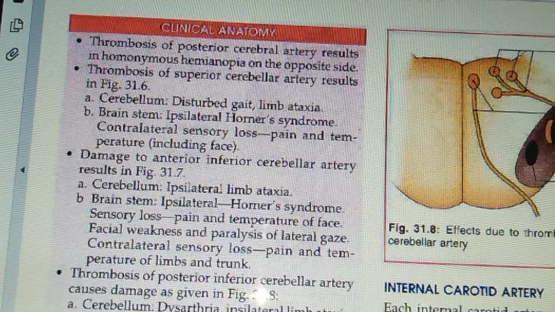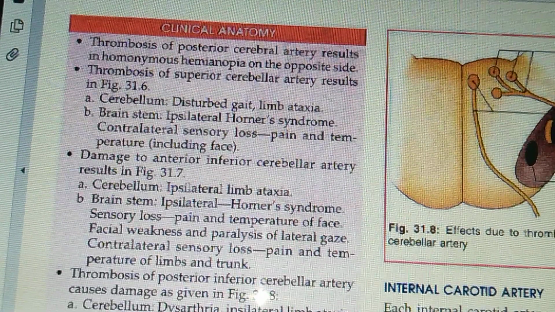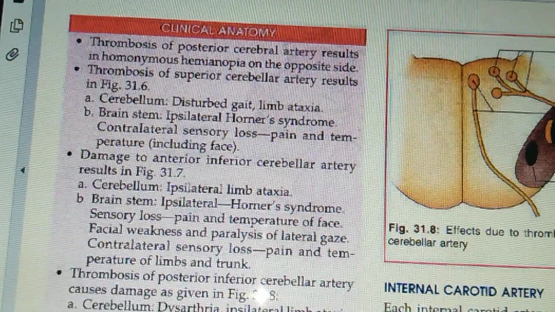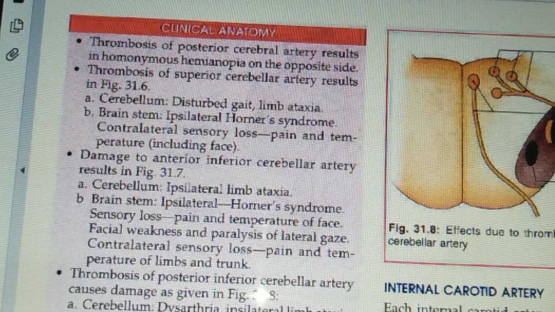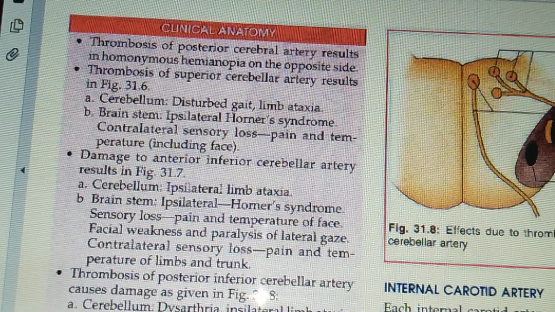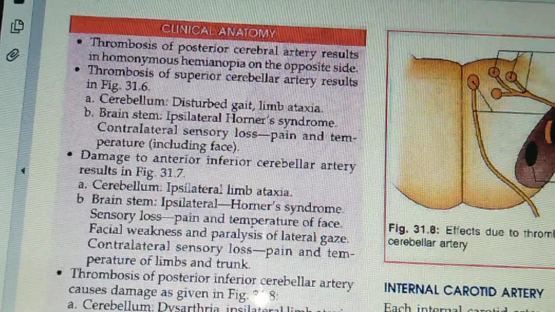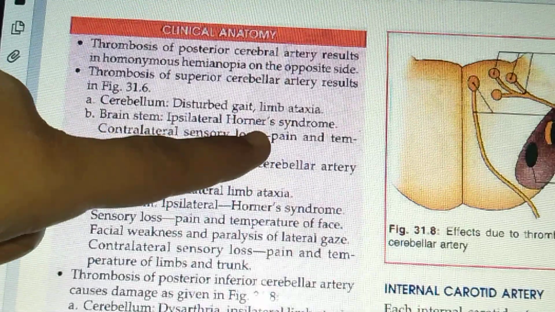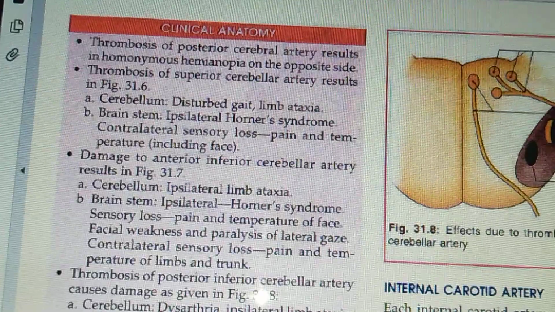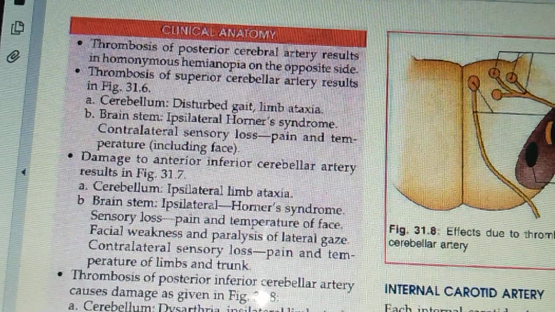It is a combination of the signs and symptoms that is caused by the disruption of a nerve pathway from the brain to the face and eye on one side of the body. Typically, Horner's syndrome results in decreased pupil size, a drooping eyelid, and decreased sweating on the affected side of the face. Then contralateral sensory loss, pain and temperature, including the face. Okay, that is the damage to the brainstem in superior cerebellar artery thrombosis.